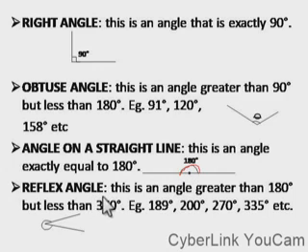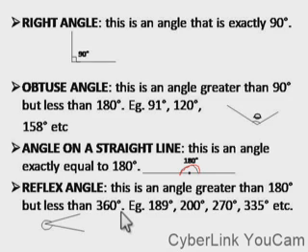Then reflex angle. For a reflex angle, there are two conditions here. One, a reflex angle is an angle that is greater than 180. It must be greater than 180 but less than 360 degrees. So the angle must be greater than 180 and must be less than 360 for you to call it what?